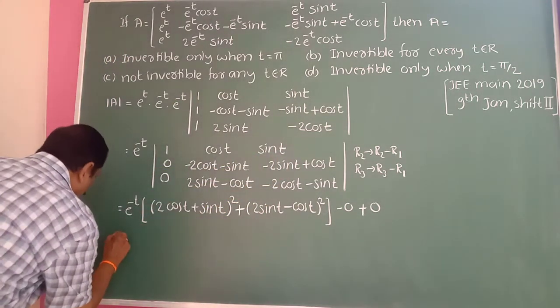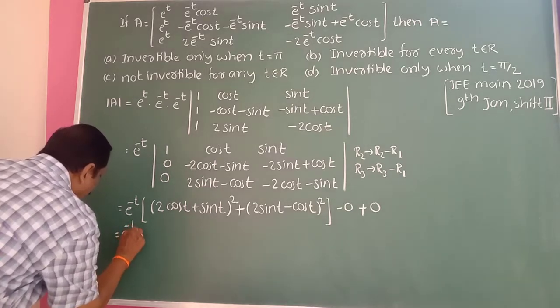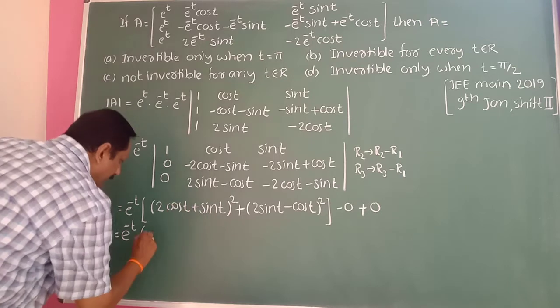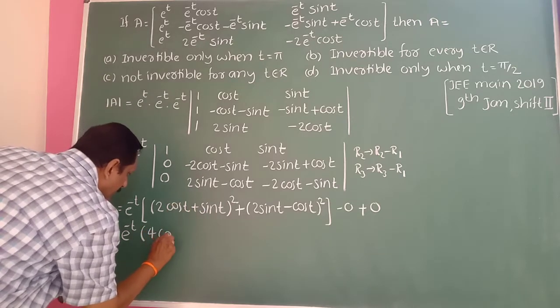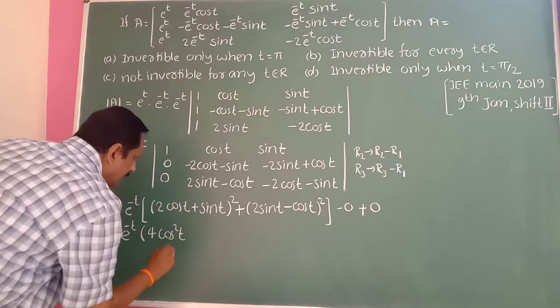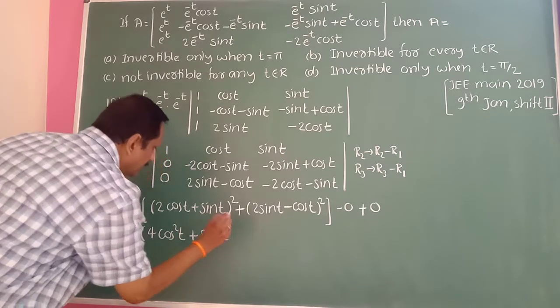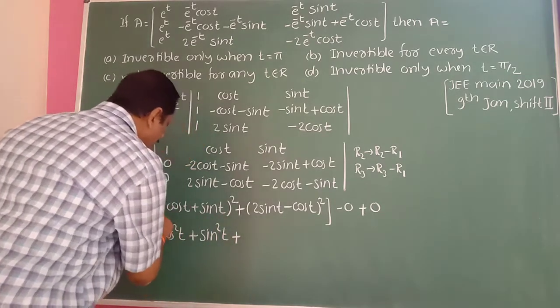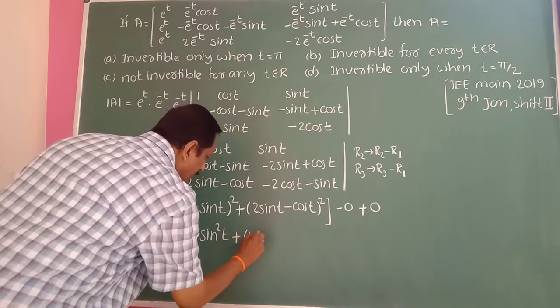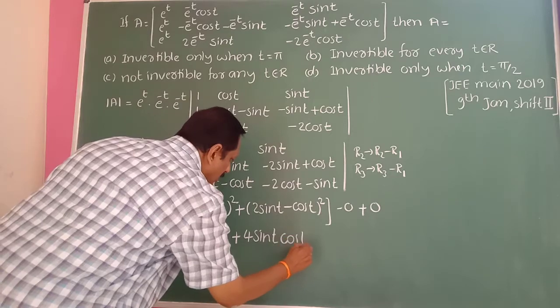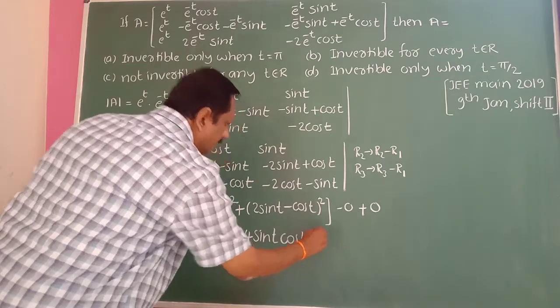Therefore, this is equal to e raised to minus t into, expand it here. So a plus b whole square formula: 4 cos square t plus sin square t plus 2 into 2 becomes 4 sin t cos t.